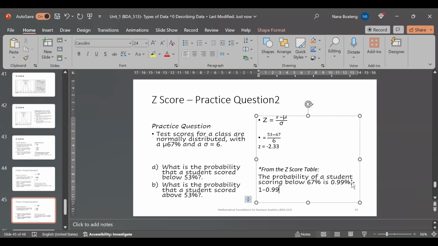That will give you what? That'll give you what? 0.01.